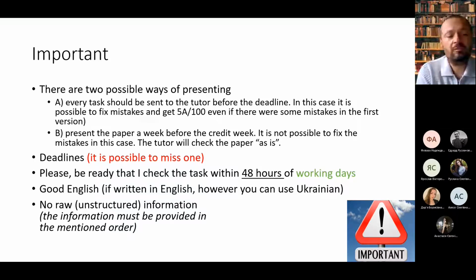It will be for you to decide whether to accept, for example, not 10 but only 8 points for this small task, or just to fix some mistakes or to add some information. That is the possible way A.